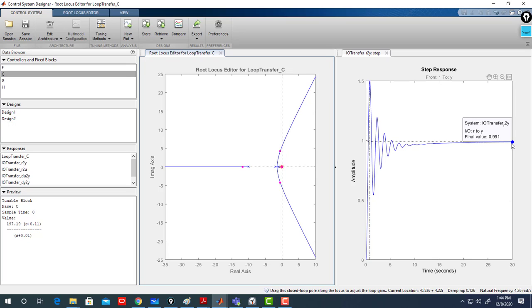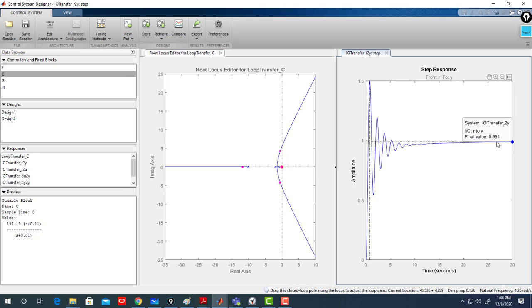Here if you look now at the steady state error, see 0.99, and the overshoot.